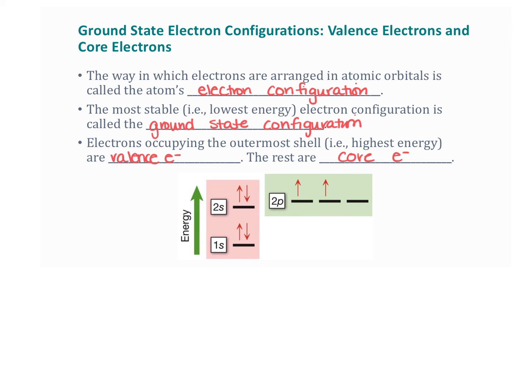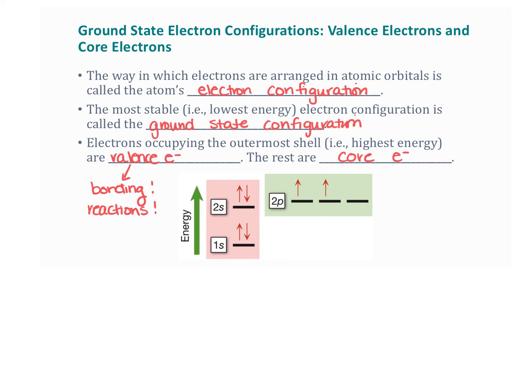For example, if we know the ground state electron configuration of an atom, we can distinguish between the valence electrons and the core electrons. And the reason this is important is that the valence electrons are the ones that are involved in bonding. And they're the ones that are involved when reactions occur. It's those electrons that move when reactions occur to form new bonds. So that becomes really interesting to us.